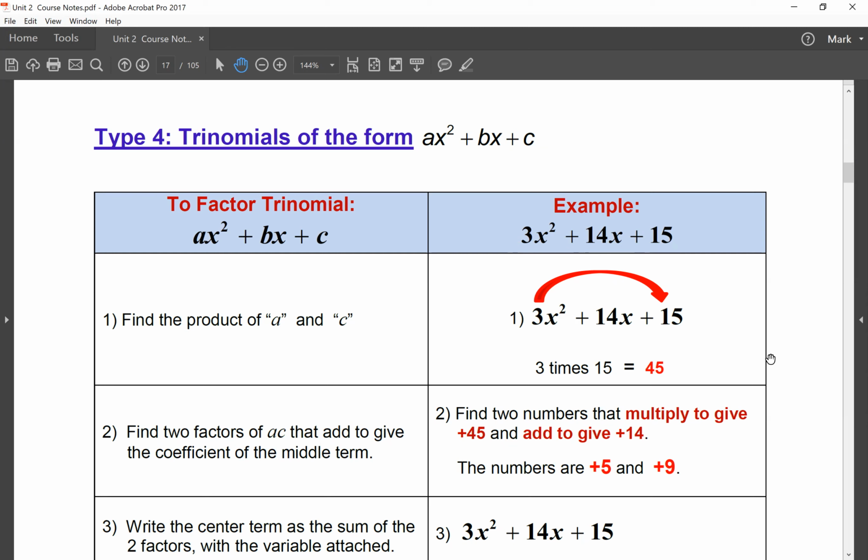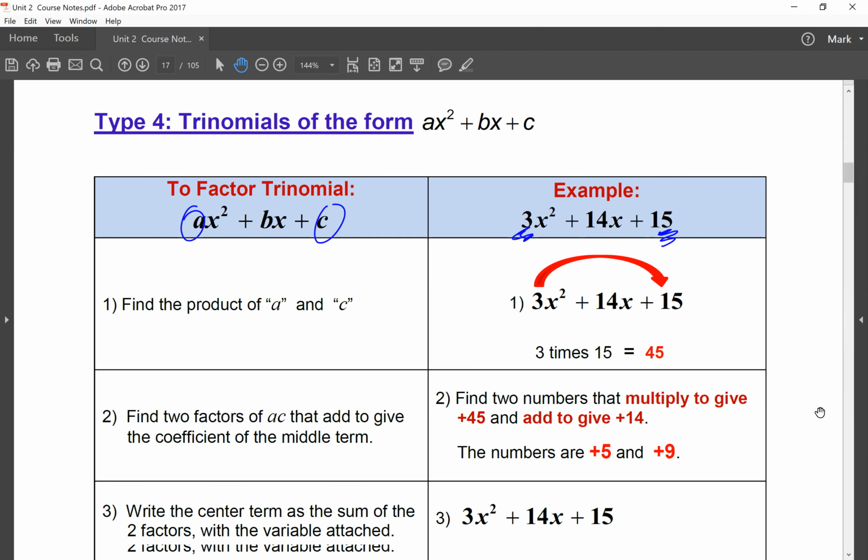So step number 1, you find the product of A and C. You multiply them together. In this example, A and C, or the first term and the last term, are 3 and 15. 3 times 15 is 45.